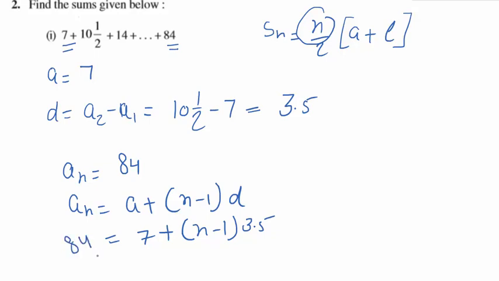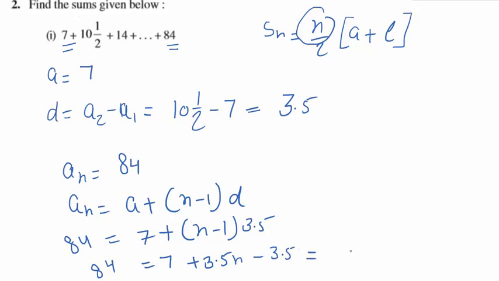Now solve this. You will find the value of n by solving this. This will become 84 equals 7 plus 3.5 n minus 3.5.